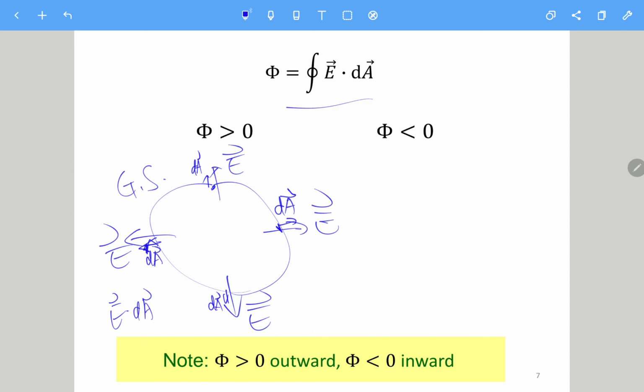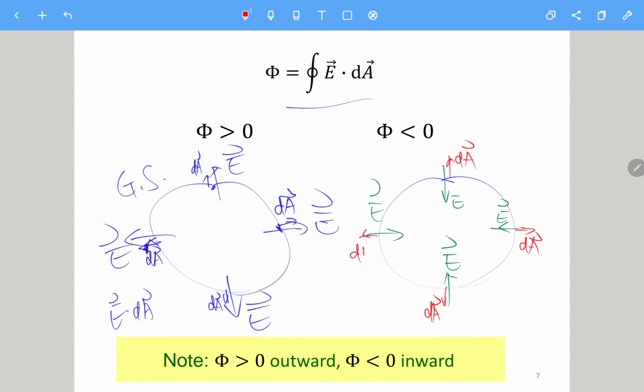And if phi is negative, it is like the E field pointing inward, and we still define dA pointing outside all the way. So in this case, dA and E are pointing in opposite directions.